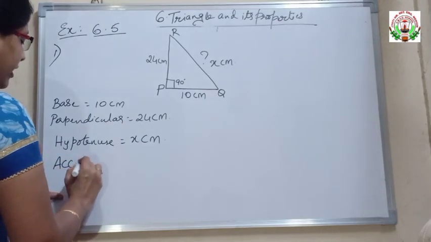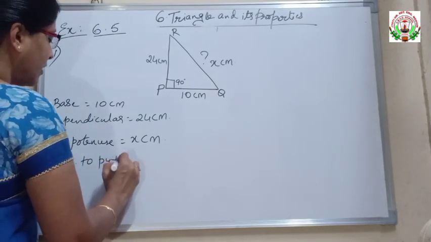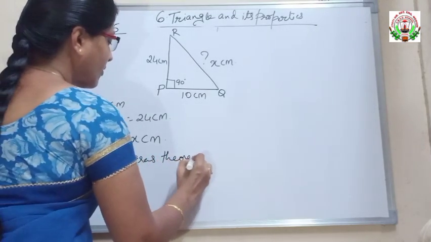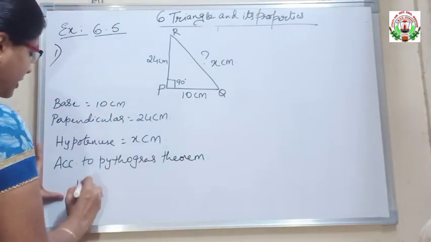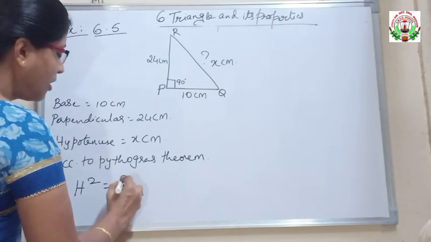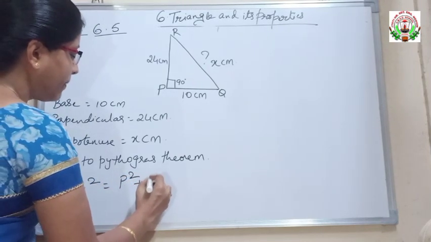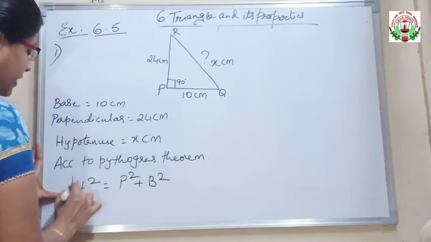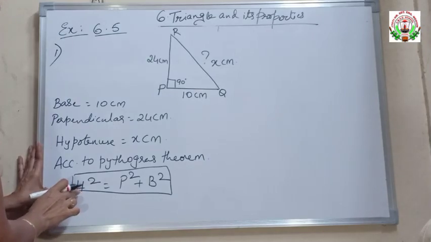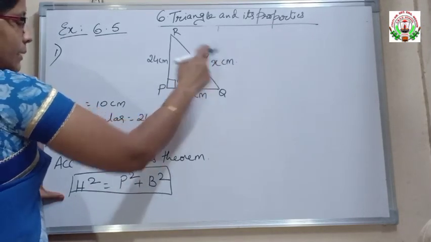According to Pythagoras theorem, h square, that is hypotenuse square, is equal to perpendicular square plus base square. Using this Pythagoras theorem we have to find the hypotenuse.